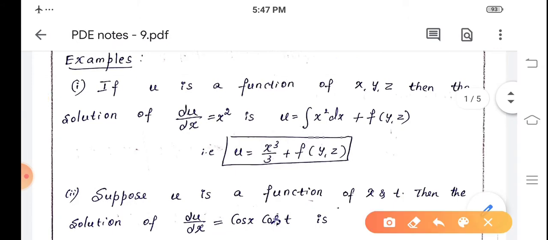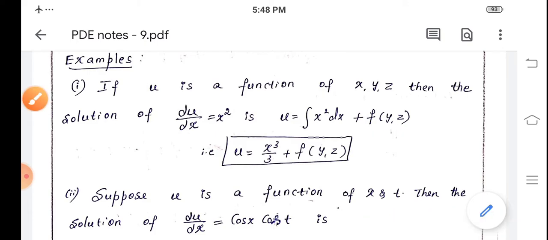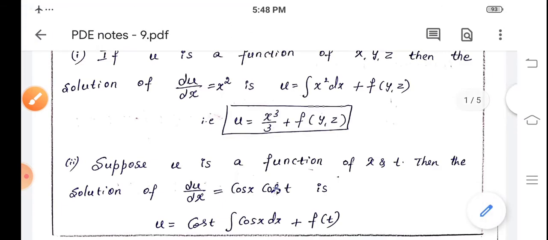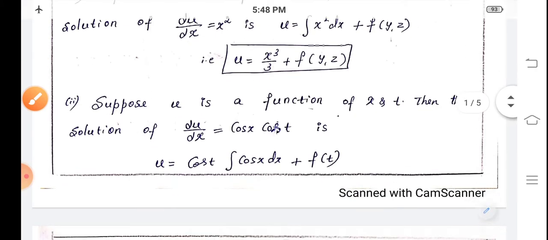Here, since u is a function of x, y and z, when we integrate with respect to x, we have to add constant term as arbitrary function of remaining two variables, that is y and z. So here constant term is f of yz. Now we are getting u is equal to x cube by 3 plus f of yz. Let us understand one more example.